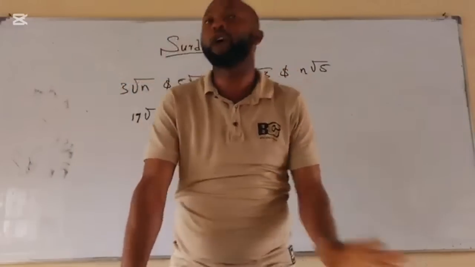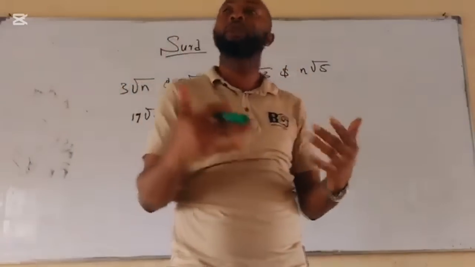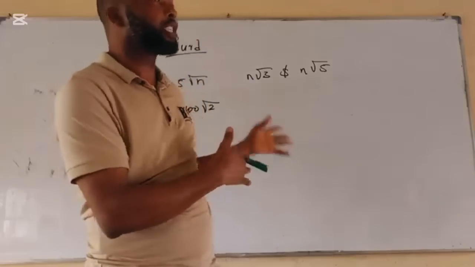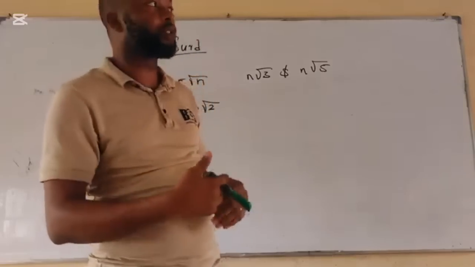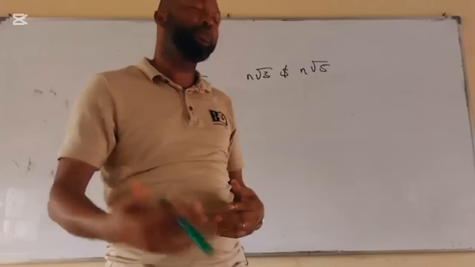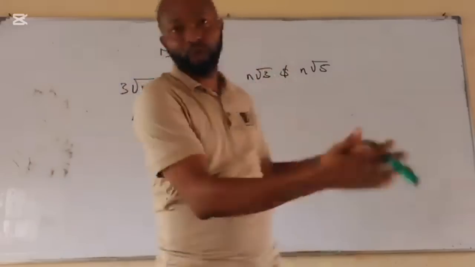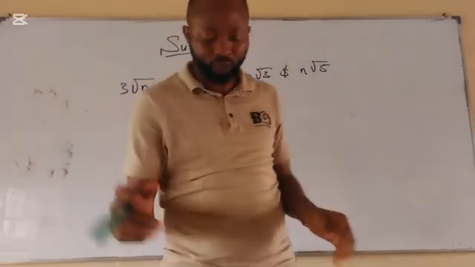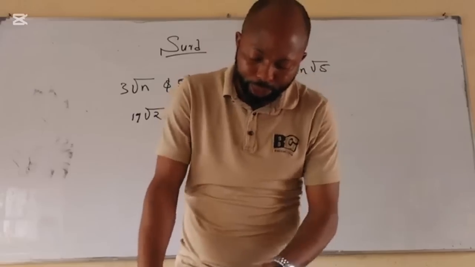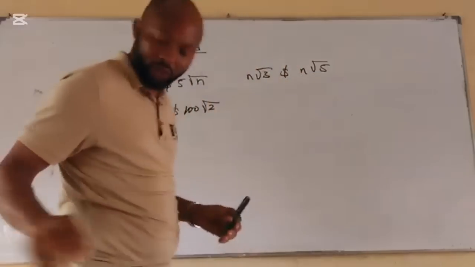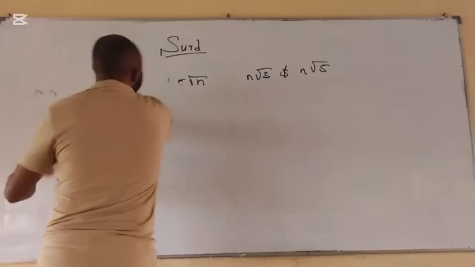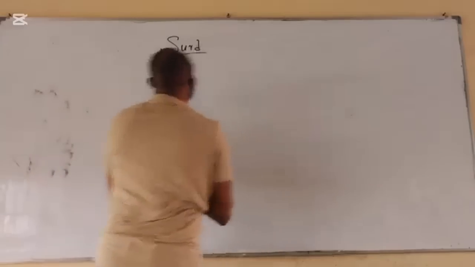Now, let's talk about conjugate surds. The reason why I'm trying to define the terminologies used is because we are going to use them when we proceed in our calculations without going back to refer to them, so I have to define them at once. Now, in a simple way, a surd is said to be conjugate in this manner.